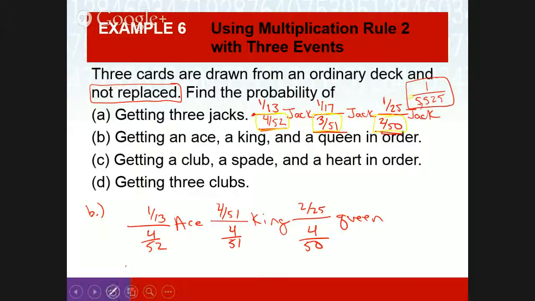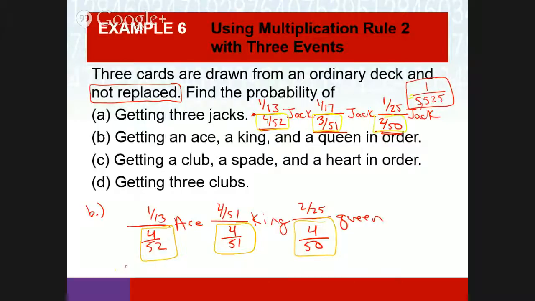So like I said before, it should be a little easier to see what's going on when I don't reduce them, because there's 4 aces out of 52 cards. But then I draw that ace, and I have that in my hand. Now I have 51 cards in the deck, and 4 of them are kings, because the first one was an ace, so I still have 4 kings. Does that make sense?